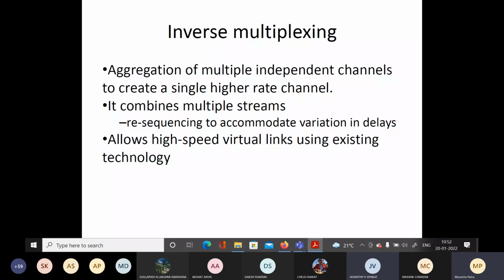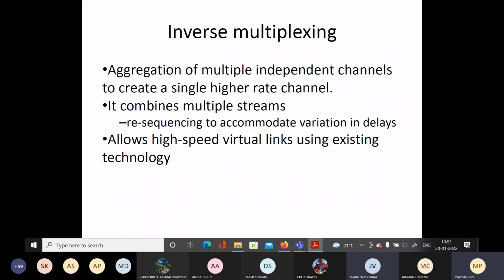Now inverse multiplexing should be the inverse of it. Why do we need this? Because aggregation of multiple independent channels can be created with this to get a single higher rate channel. As an output, the inverse multiplexer gives you multiple independent channels.